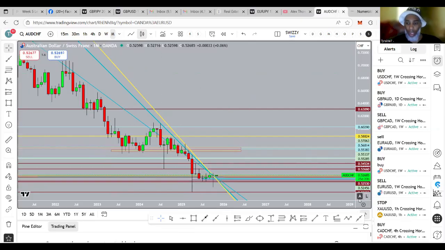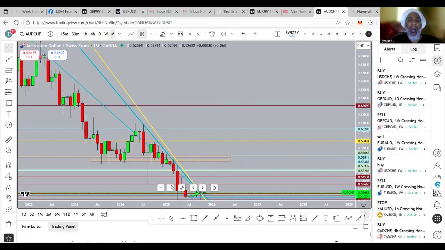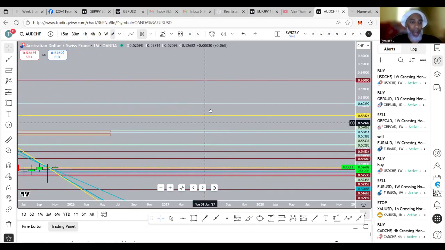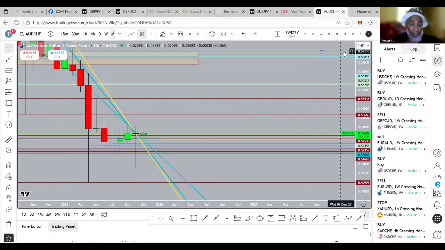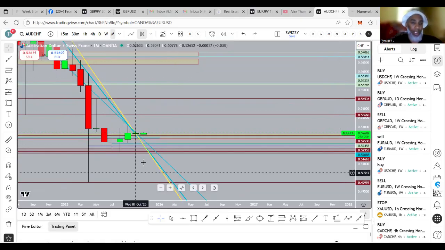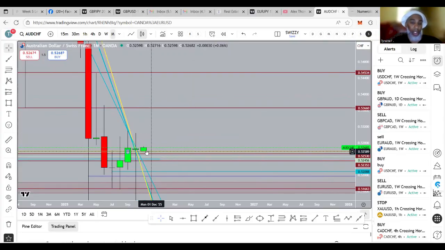As you can see, I've been watching this, been keeping my eye on it. But if you notice here, you've got this long candle, long wick, which really took out a lot of people. I was in this and I got taken out by that. But now I think it's ready to go.